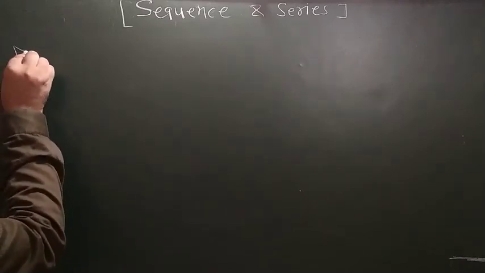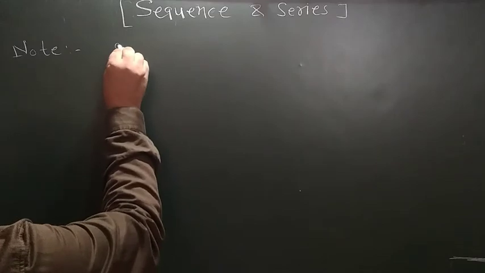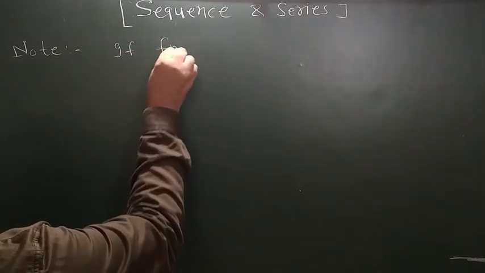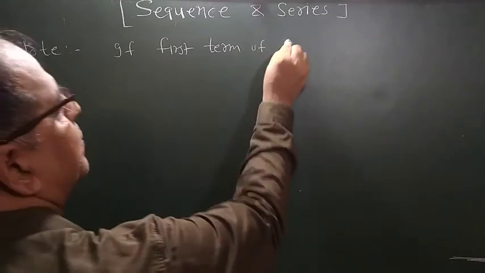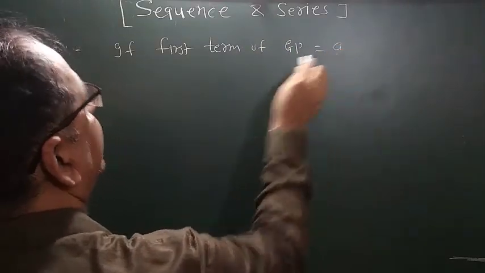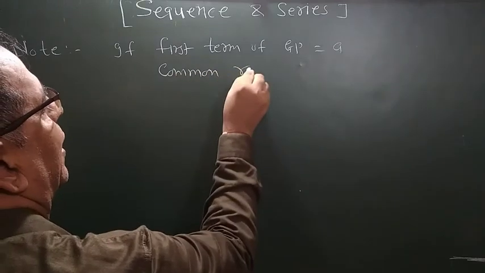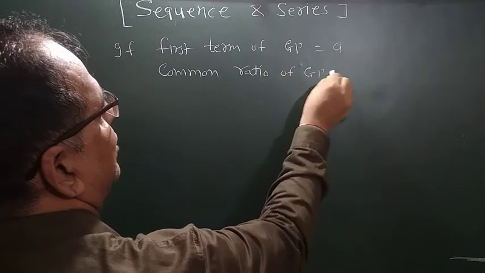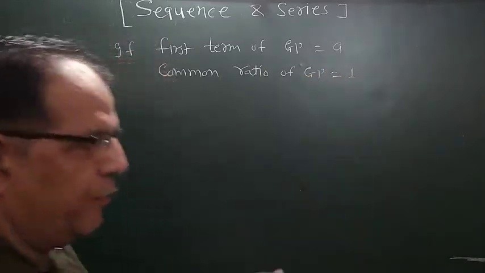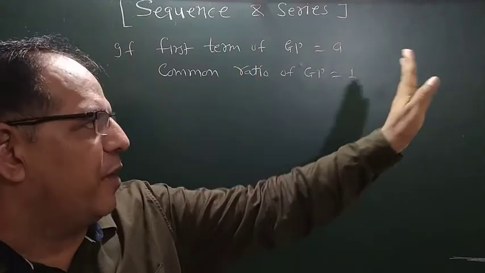One important thing is there. If the first term of a GP is equal to a and the common ratio of the GP is equal to 1, we have two formulas, one for r greater than 1, second for r less than 1.